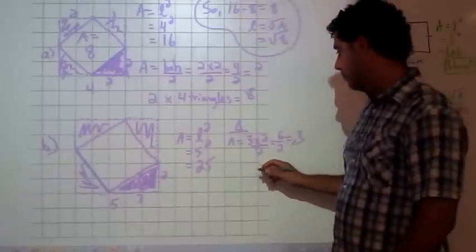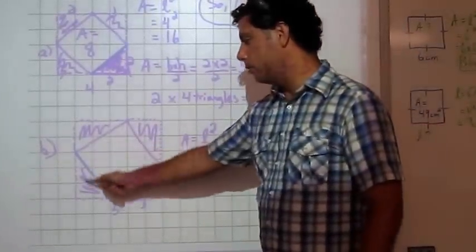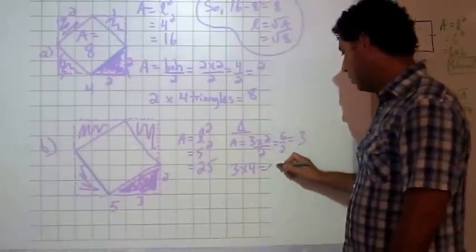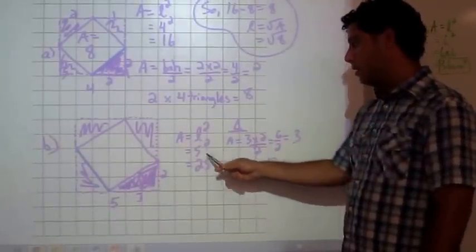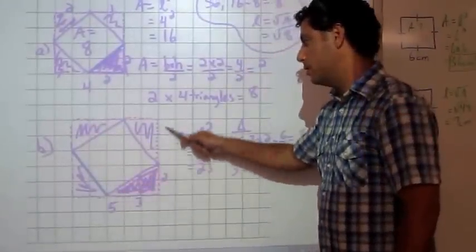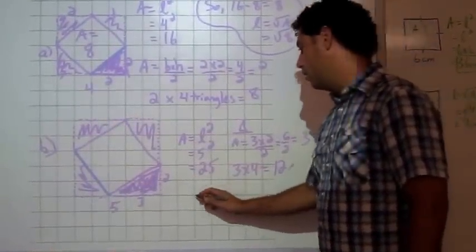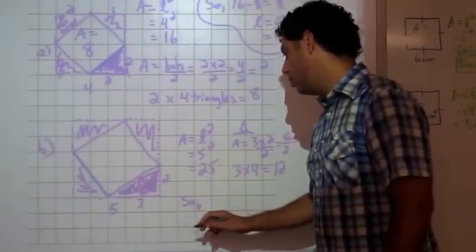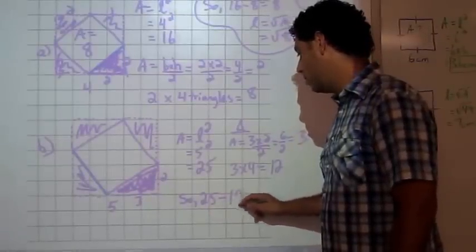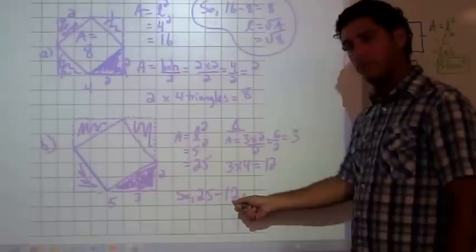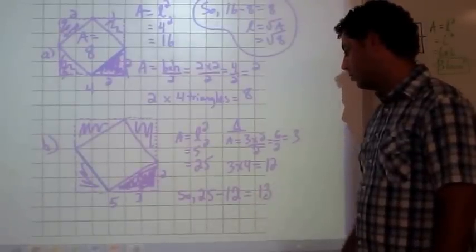And there are 4 of them. So I'm going to multiply the number 3 by 4 to account for all 4 of those triangles that we want to get rid of. So we want to get rid of 12 square units from the enclosing square's area, which we determined to be 25. So 25 minus the 12 for the triangles is 13.